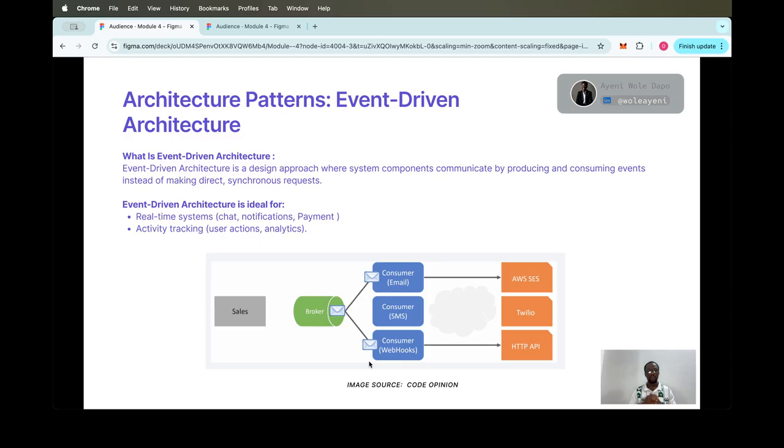A typical example is you walk into a store, or you decide to purchase an item online on an e-commerce platform. You see the item, you go through the process from item selection to inputting your delivery address to making the payment.